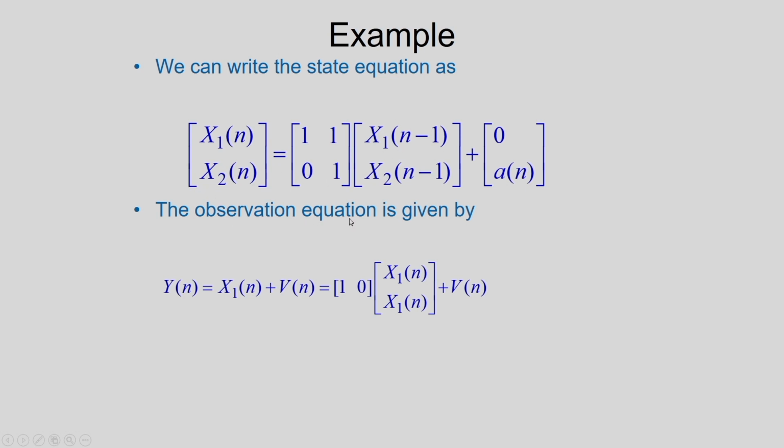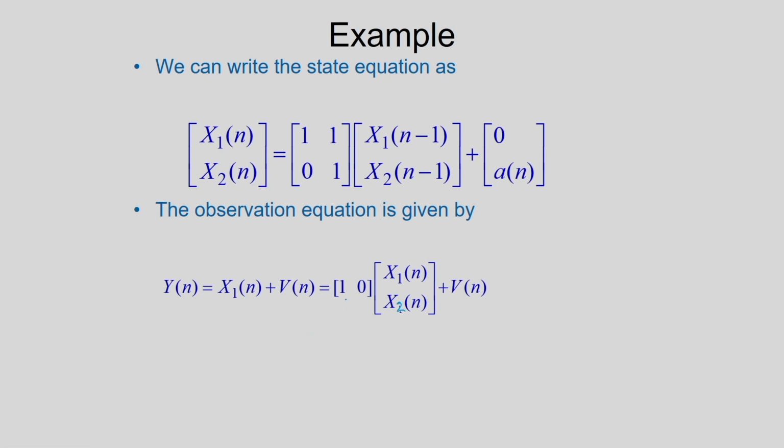The observation equation is given by y n is equal to x1 n plus v n, because it is position plus noise. Because it is x1 n, we can write it in terms of a matrix, that is a 1 0 matrix. This is the C matrix multiplied by x1 n, x2 n, which are the states.